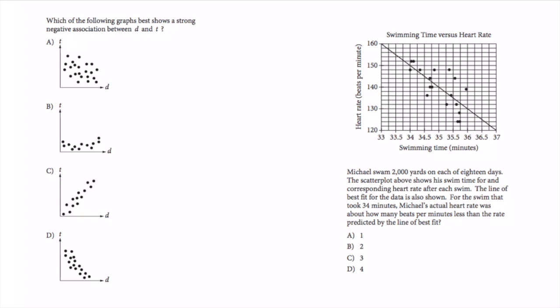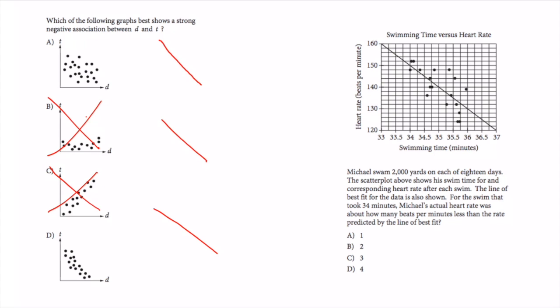Okay, which of the following graphs best shows a strong negative association between D and T? Okay, so first we know the negative relationship goes in this direction, so I can cancel out C. Okay, and I can cancel out B. Okay, and then a strong negative.